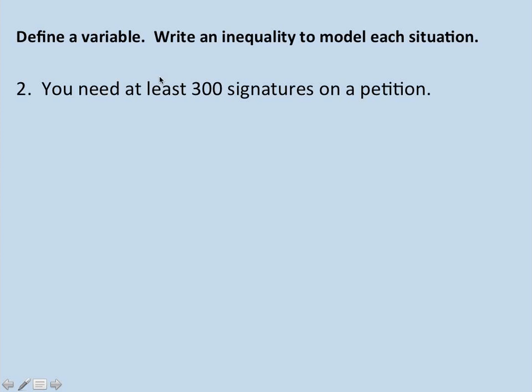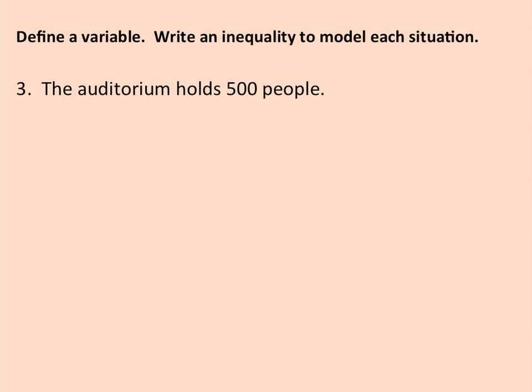I need at least 300 signatures. So I could get 300. I could get 350. I could get 500. I just can't get less than 300. So I need at least, I need greater than or equal to 300. And number 3. The auditorium holds 500 people.